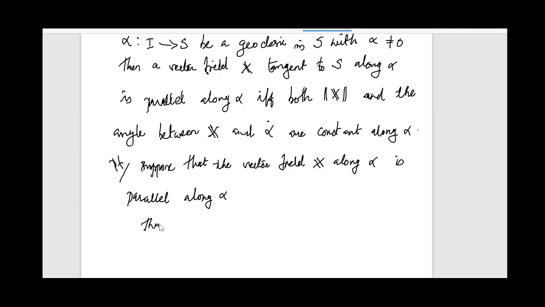Then d by dt of norm of X squared is equal to d by dt of X dot X, which is equal to 2 X dot X dash.